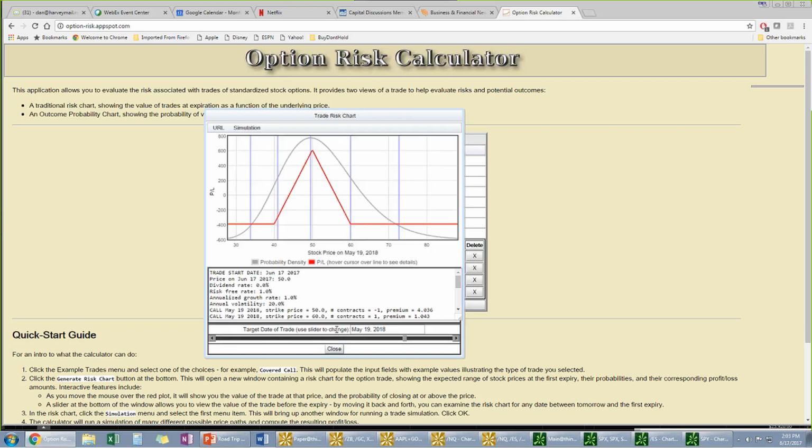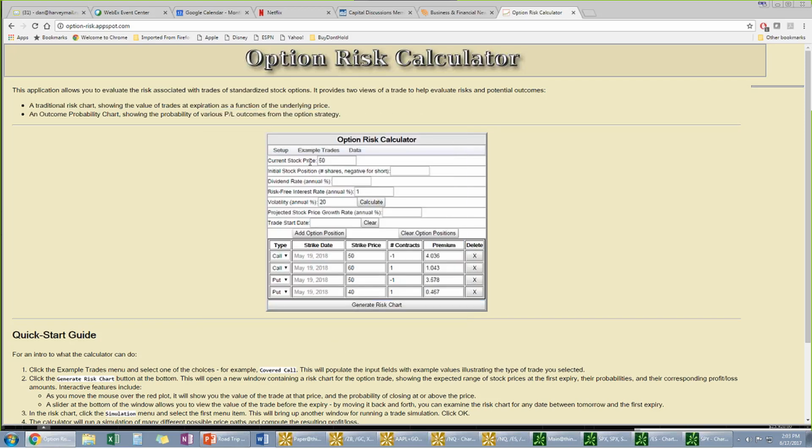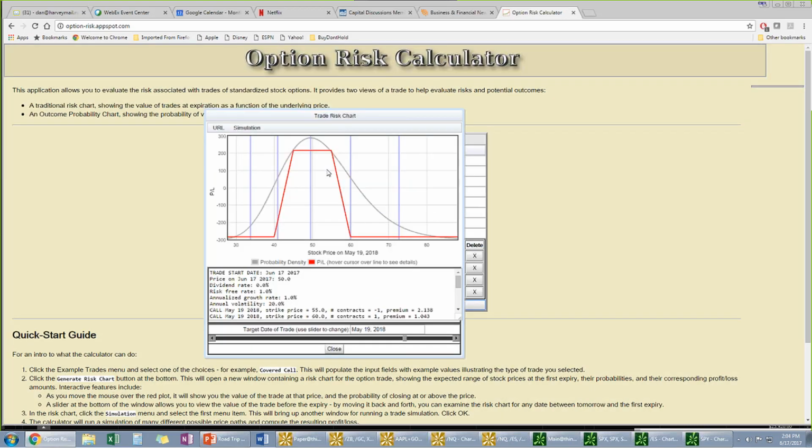And you'd expect this. And let me do one more. I'll do an iron condor. So this is with a theoretical stock price at 50, and they're doing a 55.45, and once again, the payoff curve is sitting entirely within the bell curve. We don't want that.